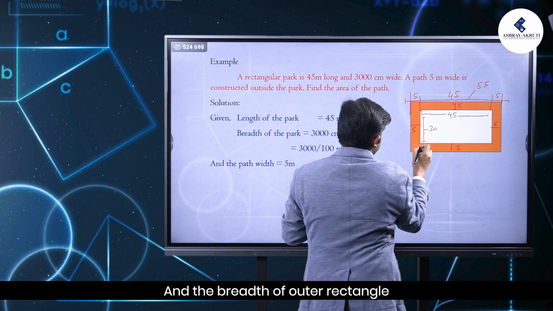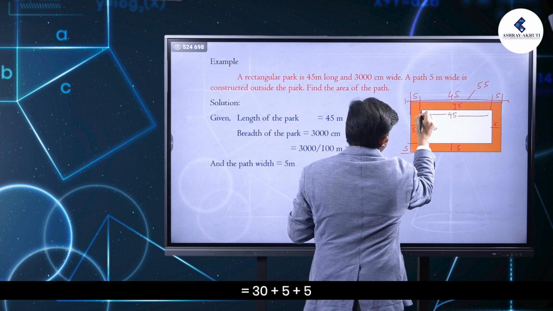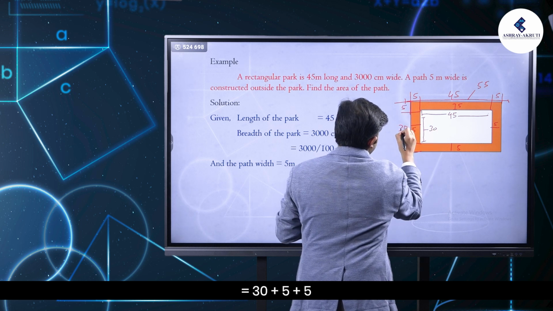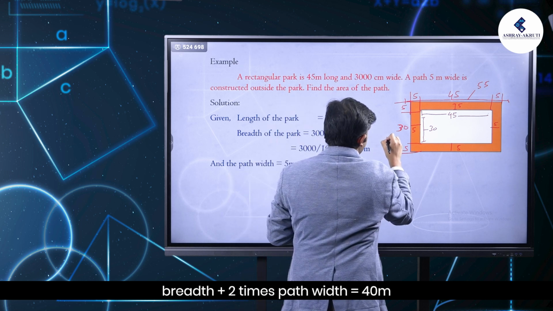And the breadth of outer rectangle is equal to 30 plus 5 plus 5. Breadth plus 2 times path width, which is equal to 40 meters.